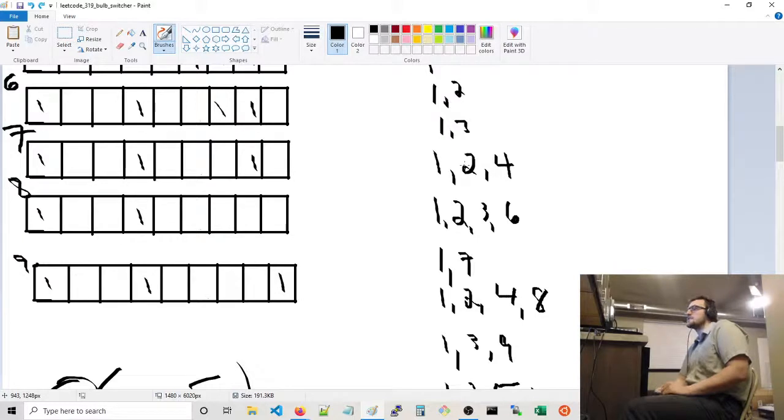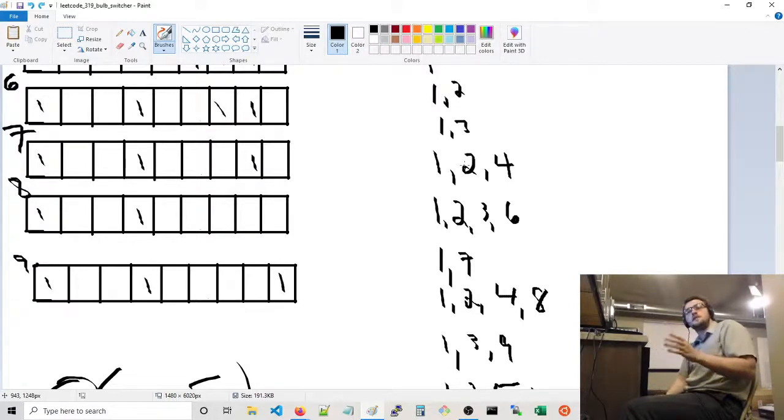Why would that be? For every number, if there's a divisor a, then there's another divisor b, which is n over a. Both are integers. They come in pairs. Every divisor has a pair.